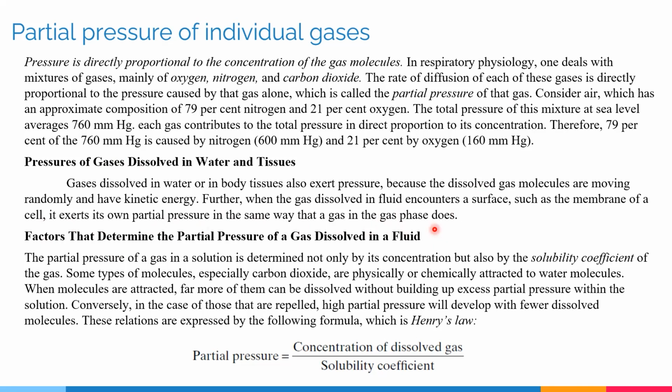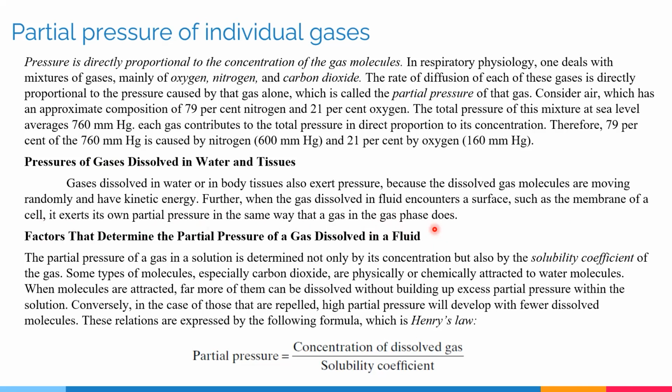Thus, partial pressures are not only confined to the gaseous phase, but gases dissolved in tissues and water also have a partial pressure, and they can exert a pressure directly on the surface of a cell or the surface of a tissue.